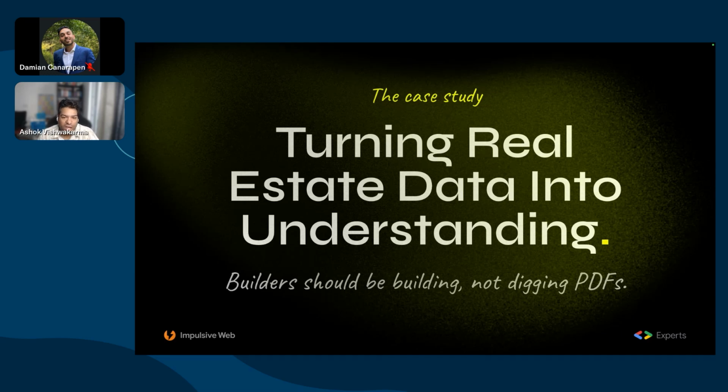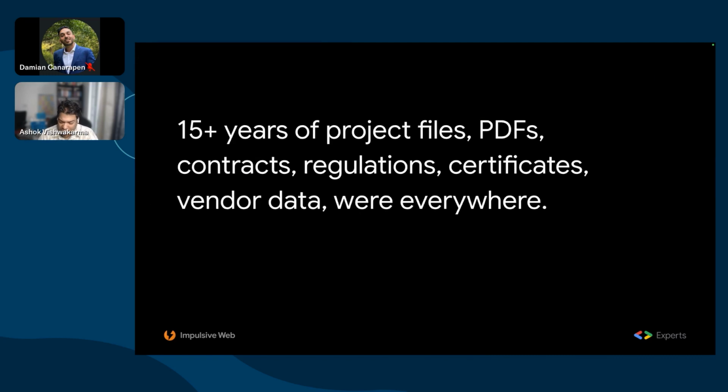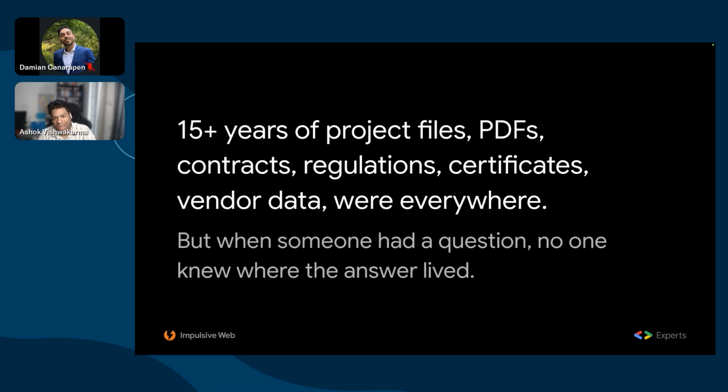So what was the case study in general? We had real estate data accumulated over around 15 years, and we wanted to have a search logic built on top of it. But the problem was that when someone had a question, no one knew exactly where the answer lived.